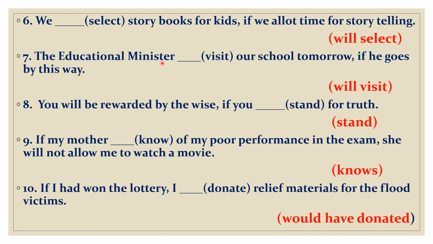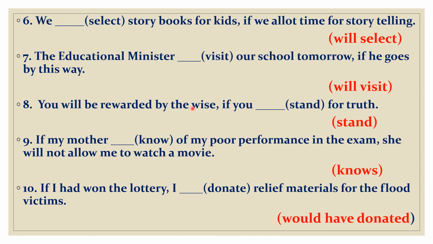The educational minister dash our school tomorrow if he goes by this way. So this if clause, if he goes by this way, if plus subject plus, this is also simple present tense. So will visit. The educational minister will visit our school tomorrow.